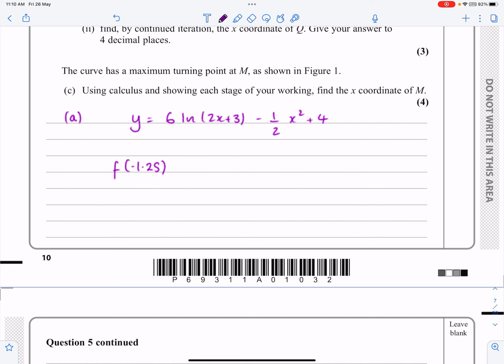So if we're putting that in, that's going to be 6 log, 2 lots of that is minus 2.5, plus 3, minus a half of 1.25 squared, plus 4. You don't really need much more than that because we're really interested in answers here. This is a negative value, which is absolutely what I was expecting.